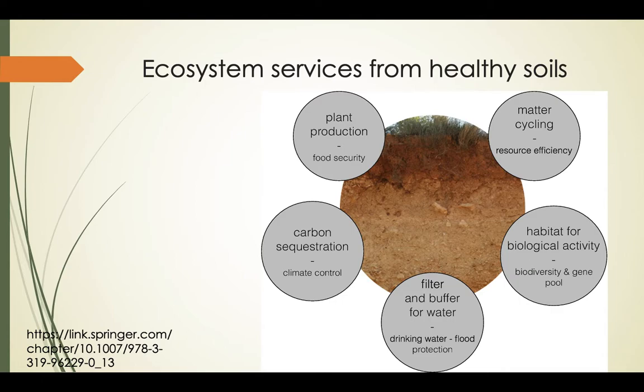Ecosystem services are the different benefits that we humans are provided with by the natural environment consisting of water bodies, and for the case of our topic, provided to us by soil ecosystems that are healthy.